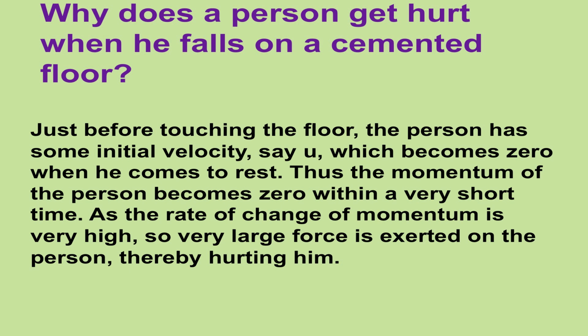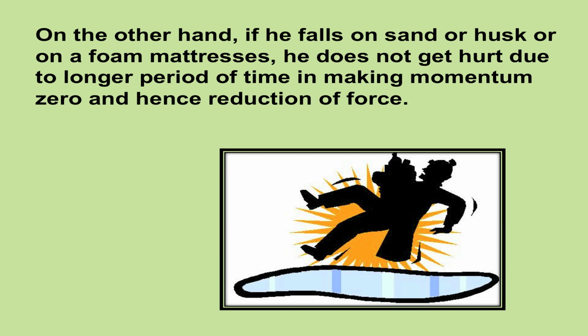As the rate of change of momentum is very high, a very large force is exerted on the person, thereby hurting him. On the other hand, if he falls on sand or husk or on a foam mattress, he does not get hurt, due to the longer period of time in making momentum 0 and hence the reduction of force.